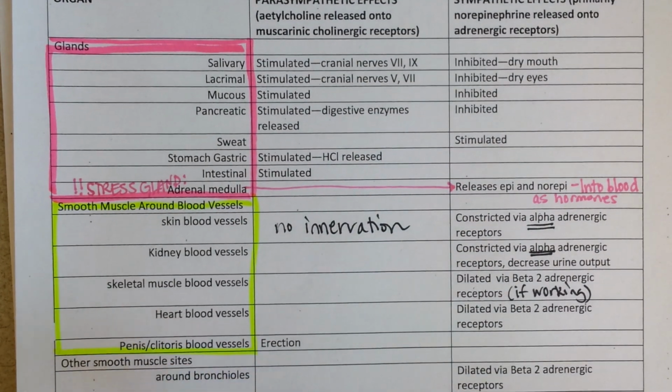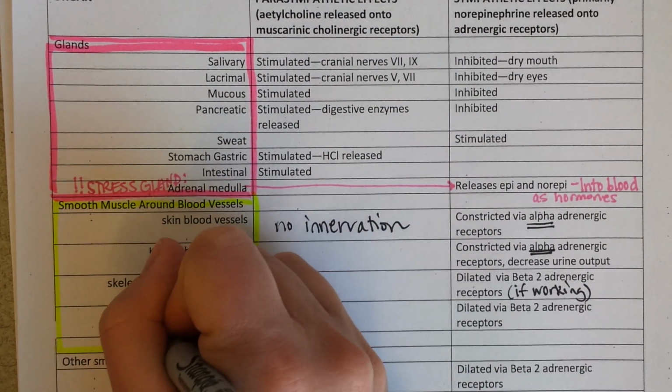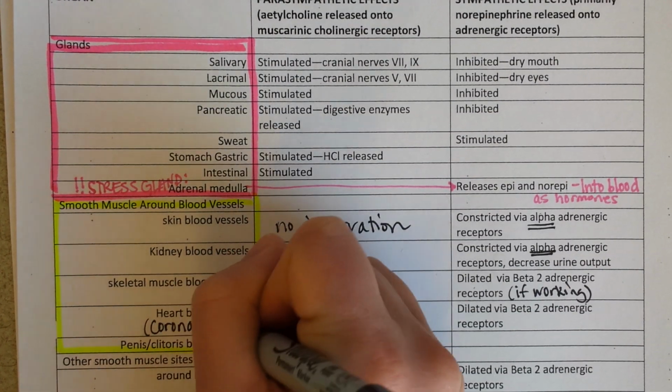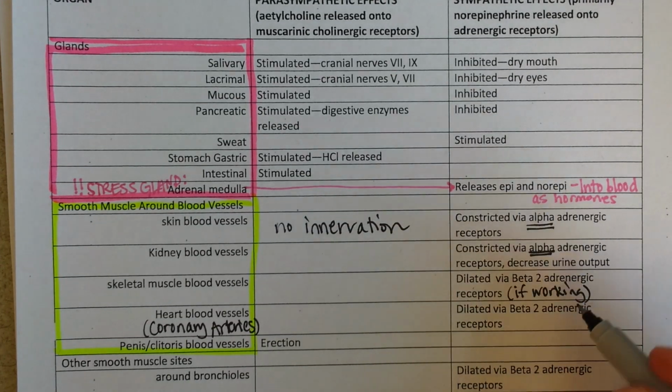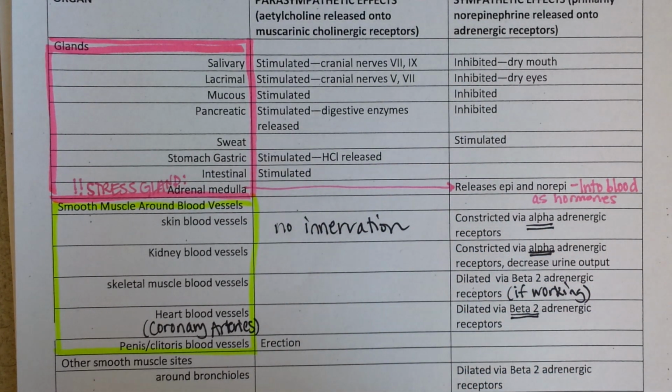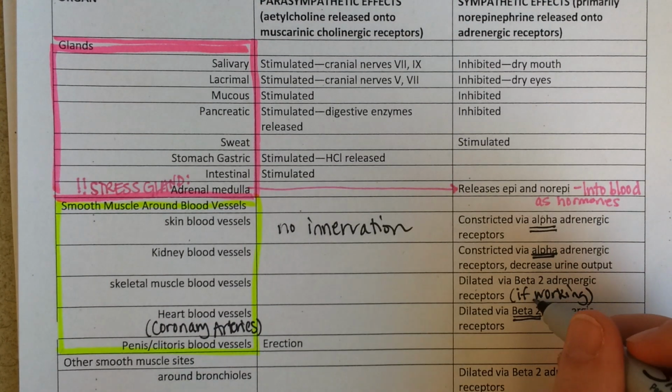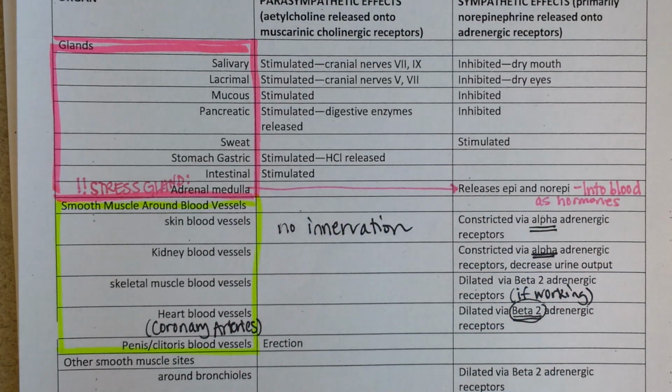And then the heart blood vessels are also called the coronary arteries, and these will dilate. Now, I often have students get confused because it says beta 2. The coronary arteries are blood vessels on the heart, so they need to dilate, and the dilation can occur by this type of receptor, a beta-2 adrenergic receptor.